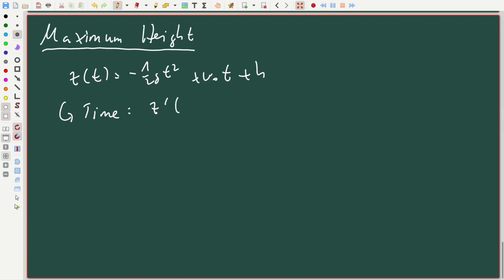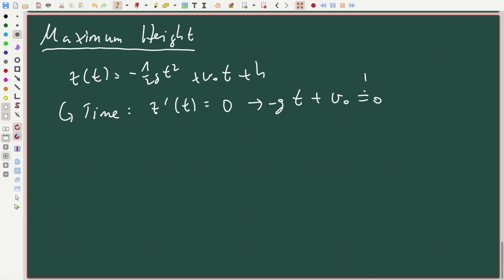So in this case it would be z prime of t equal to 0, the derivative with respect to t. And of course here the derivative of this would be minus gt plus v0, and this has to be equal to 0.